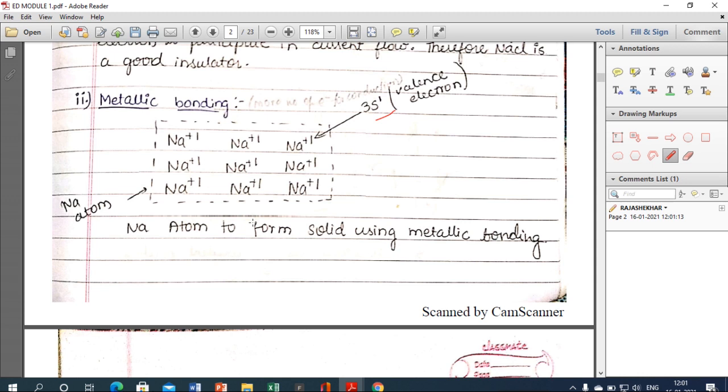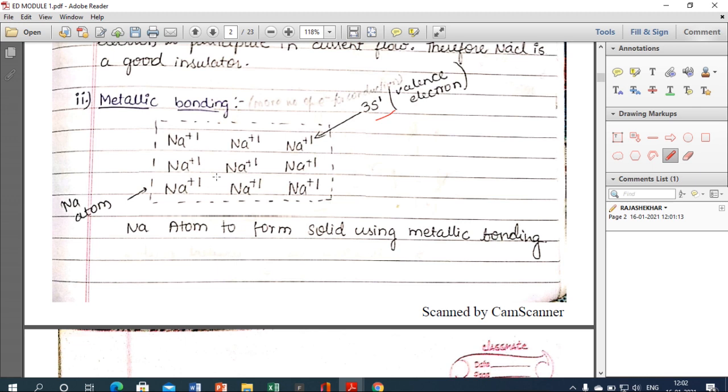So from this I can say that metallic bonding is best suitable for a conductor because it has one free valence electron. If I take Na plus atoms in terms of millions, then we have a million electrons which can cause the flow of current. So I can conclude that metallic bonding is best suitable for conductors.